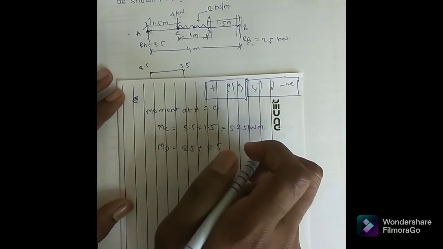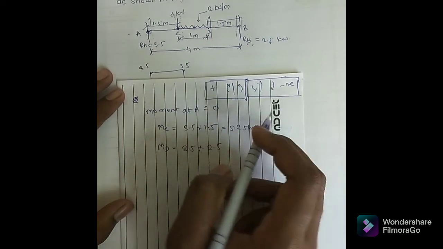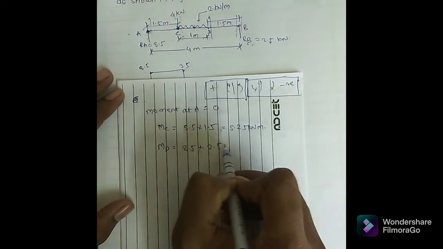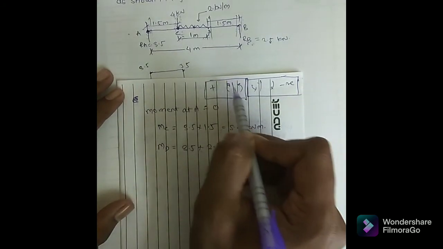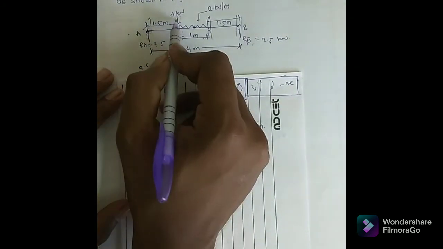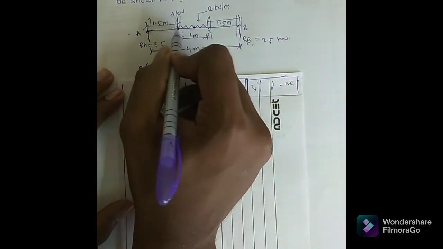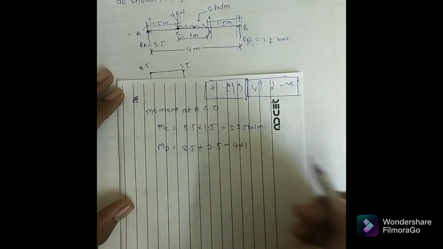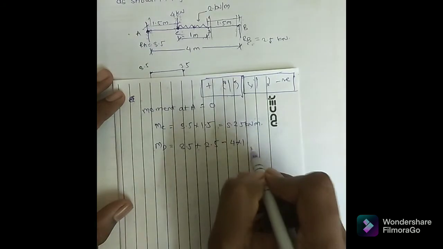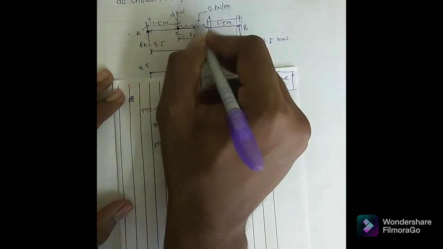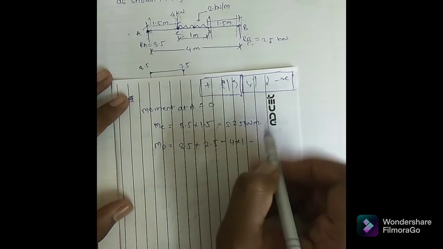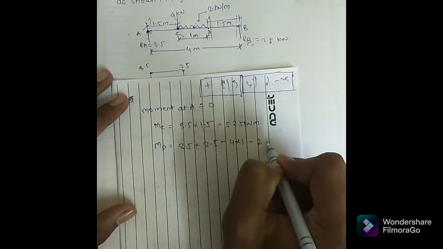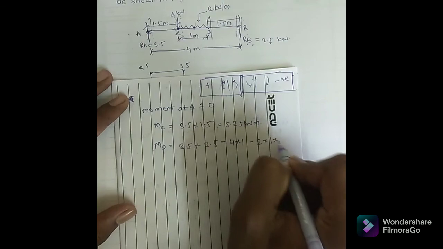Now we will consider this minus, because this is in the outward direction opposite to this, hence it is downward, minus 4 into this distance is 1, and then again minus, this load is acting in this direction, means opposite to this, so it will be negative 2 into 1 into 1 by 2.